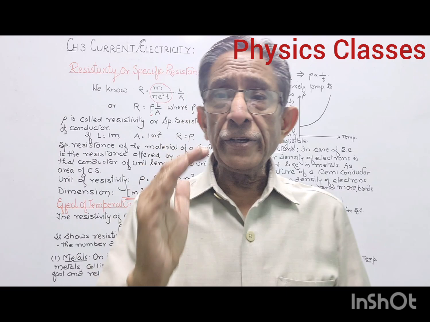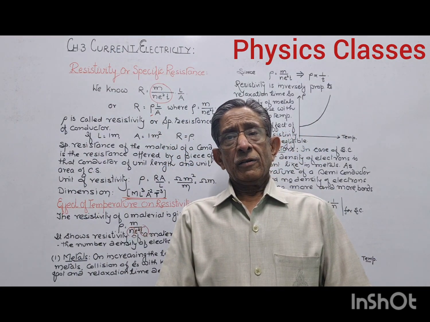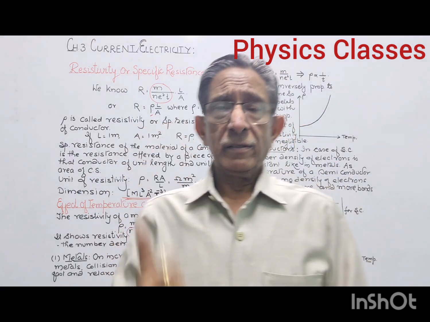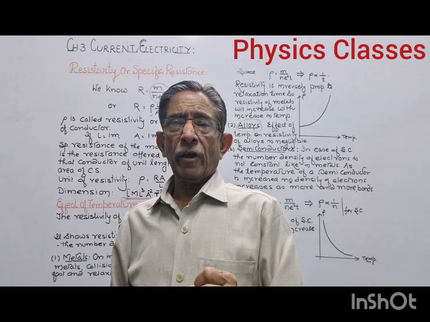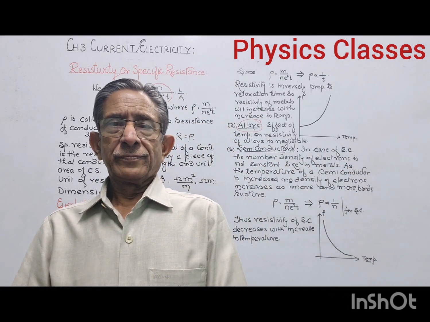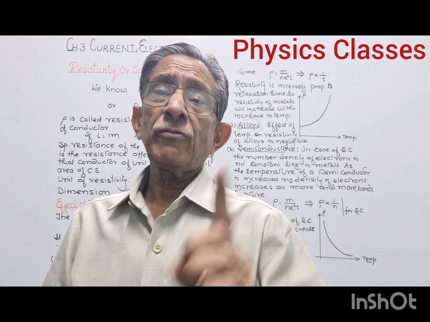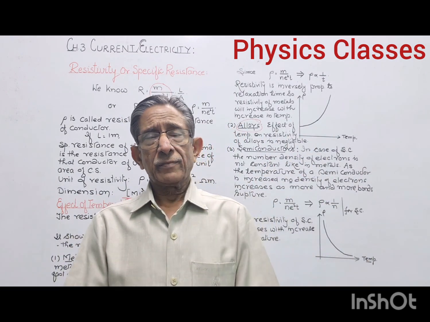Second is alloys. The resistivity of alloys is very high. So the effect of temperature on the resistivity of alloys is negligible. Or we say there is no effect of temperature on the resistivity of alloys. Dear students, remember that.